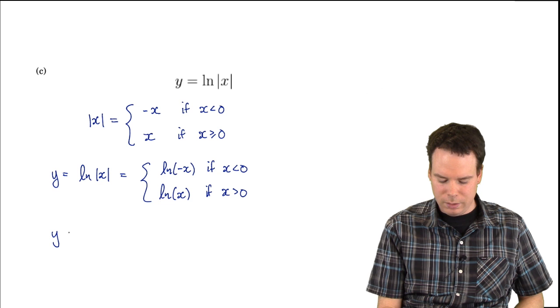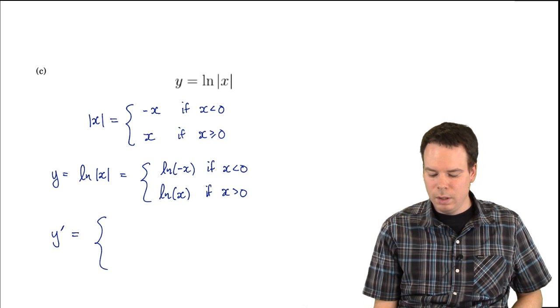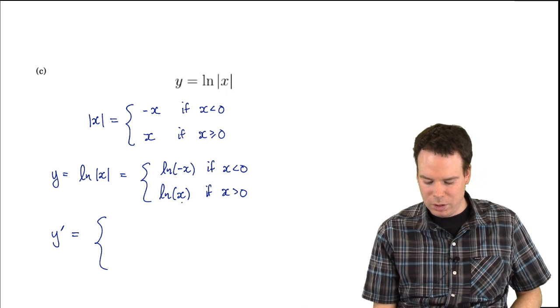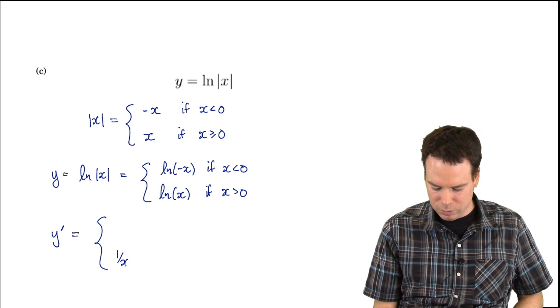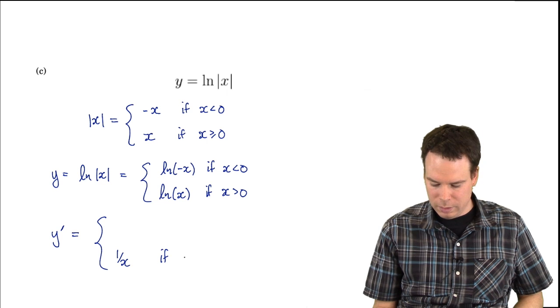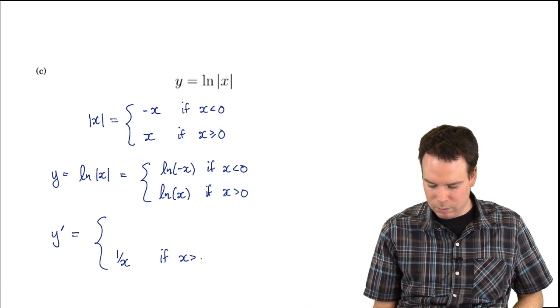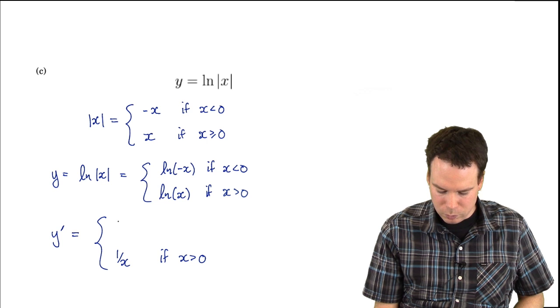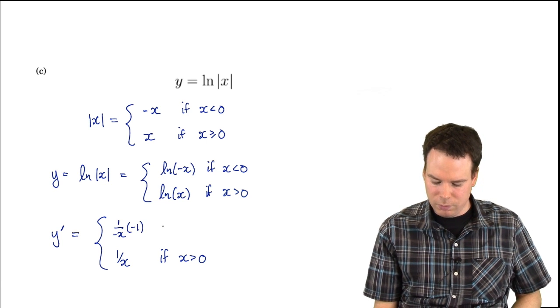Now we can differentiate. Each piece, I'm going to use the chain rule on. Well, actually, the second piece is just a straightforward 1 over x, and that's if x is greater than 0. The derivative of ln of negative x, well, that's 1 over negative x times the derivative of the inside, which is negative 1.